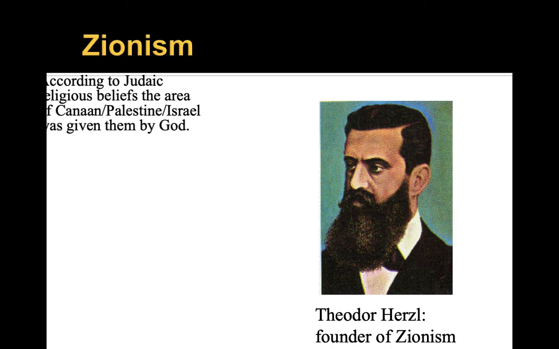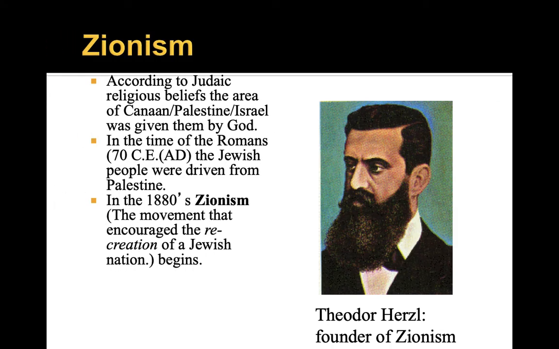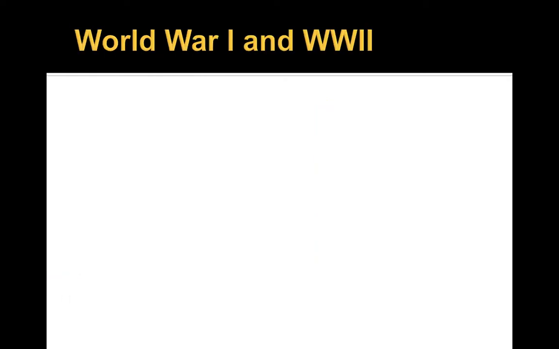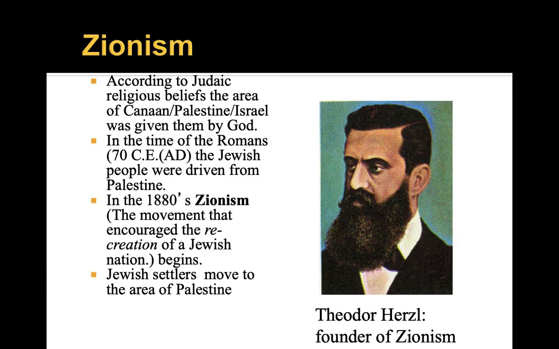Israel, in the modern sense, has its creation in the movement known as Zionism. Zionism had the modern day goal of recreating the ancient Jewish state that had been destroyed during the period of the Roman Empire.